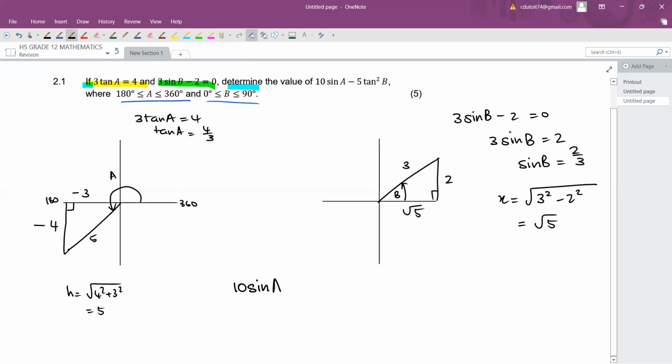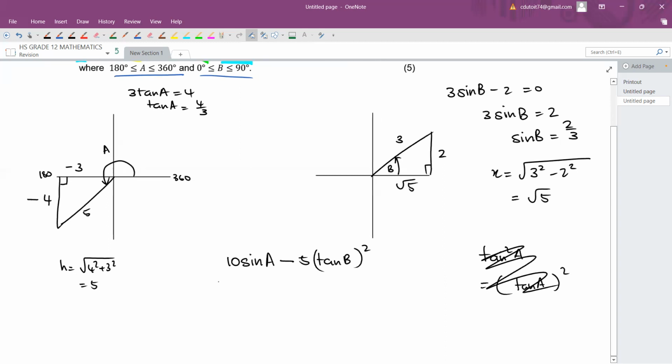Now you can have the answer as well. 10 sin A minus 5 tan squared B. Remember, you can convert tan squared A into the square of tan A, or sin or cos, it doesn't matter. Now 10 and then sin A. I'm going to use the A triangle to do sin.